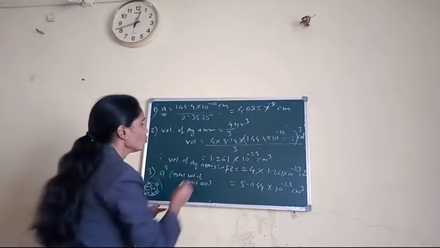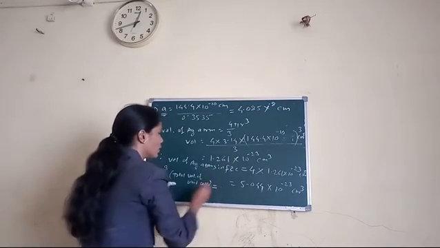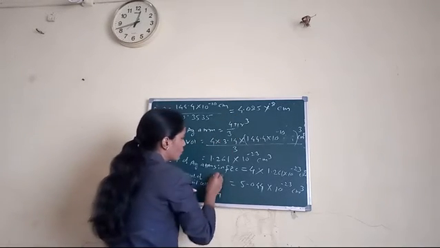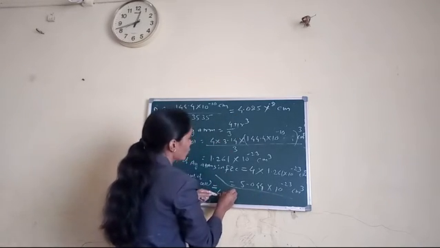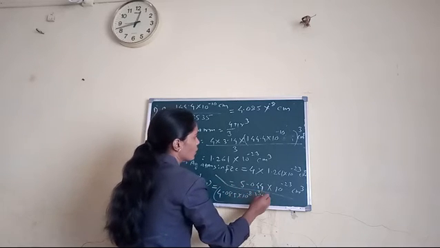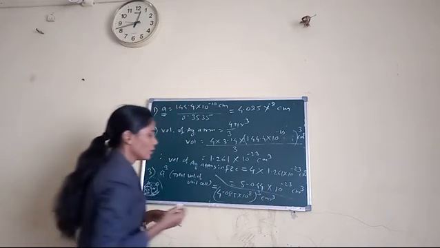a cube is equal to, a means this, 4.085 into 10 raised to minus 8 cube, centimeter cube.